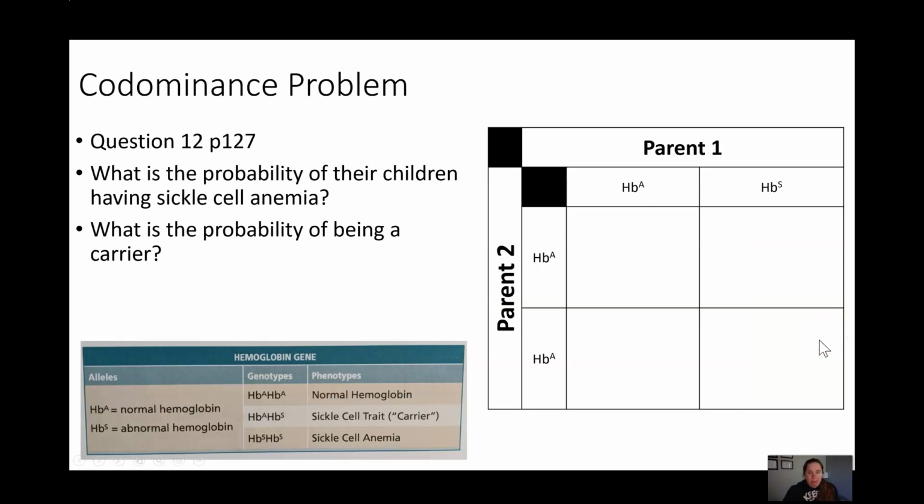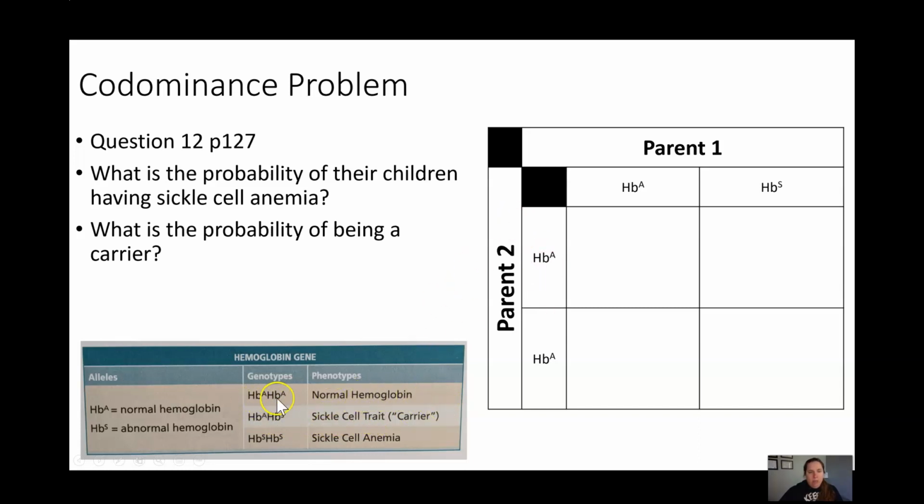So if we do a problem that involves sickle cell anemia, question 12 on page 127, the question is asking if we have one parent that is heterozygous for sickle cell. So this parent is a carrier, right? It's HbA, HbS. So this parent has the sickle cell trait, and the other parent has normal hemoglobin.